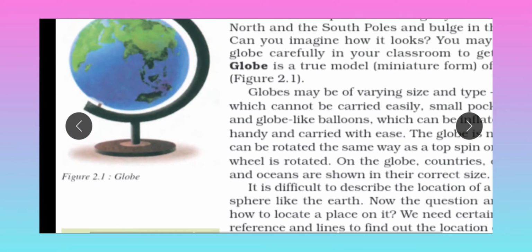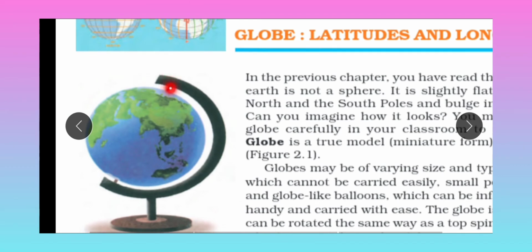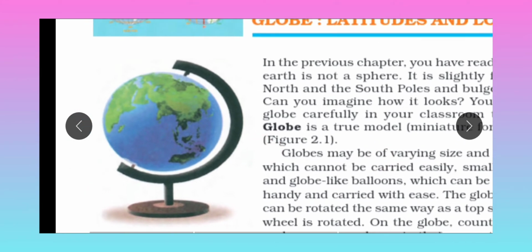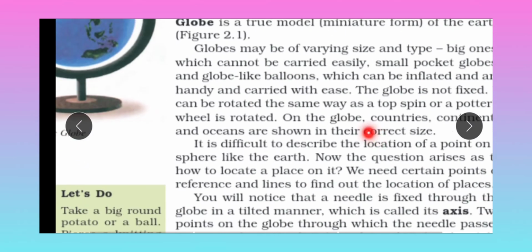The upper side pole is called the North Pole and the downside is called the South Pole, and it is slightly tilted. The Earth is not standing exactly upright, it is slightly tilted.